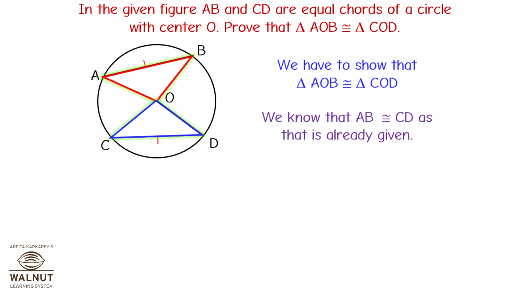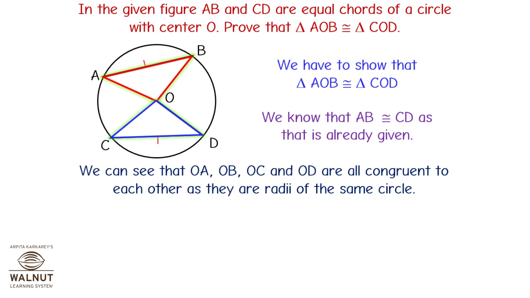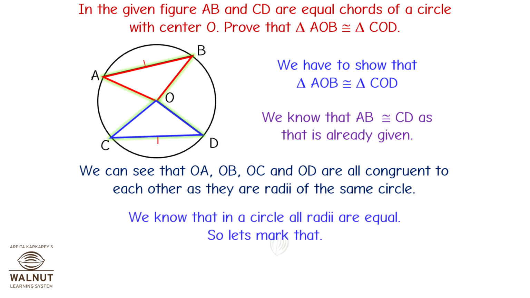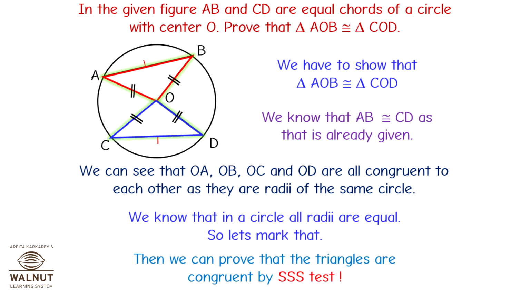We know that AB is congruent to CD as that is already given. We can see that OA, OB, OC and OD are all congruent to each other as they are radii of the same circle. We know that in a circle, all radii are equal. So let's mark that. Then we can prove the triangles are congruent by SSS test.